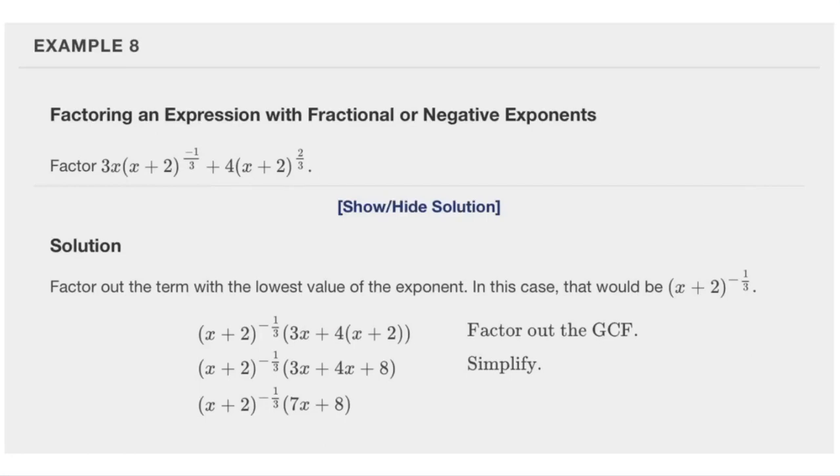So they factored out the term with the lowest value of the exponent. In this case, it's going to be x plus 2 to the power of negative 1/3. So the first term is gone. In the second term, I think they subtracted, right? 2/3 minus 1/3 is, nope, that didn't do it.